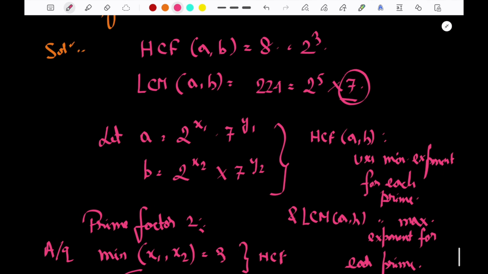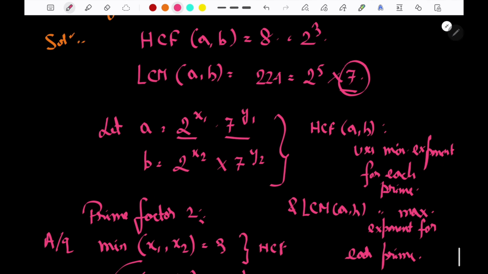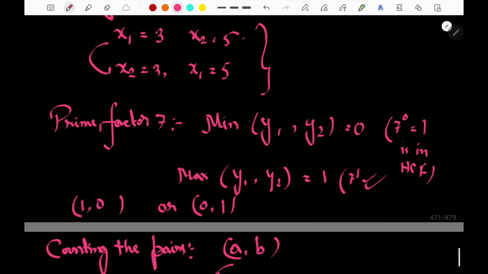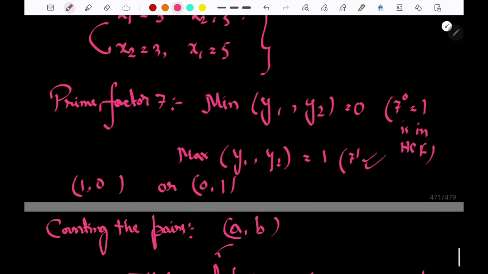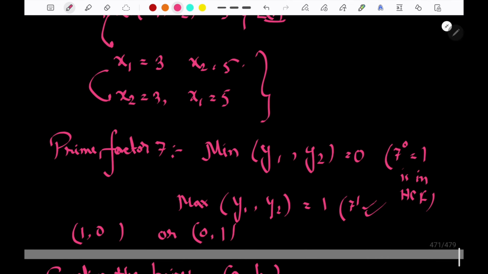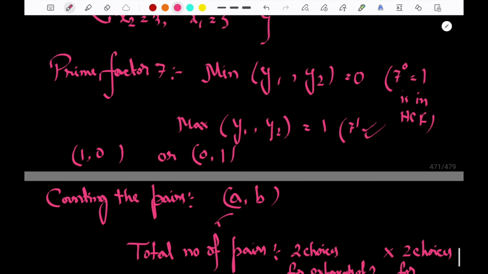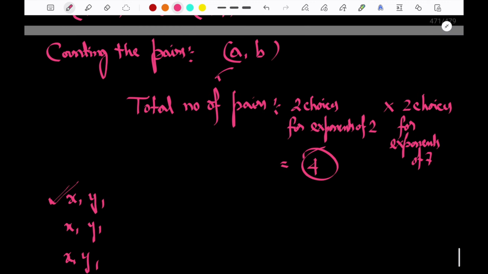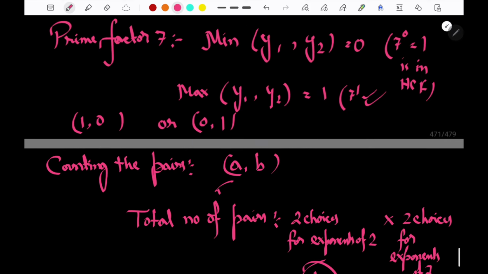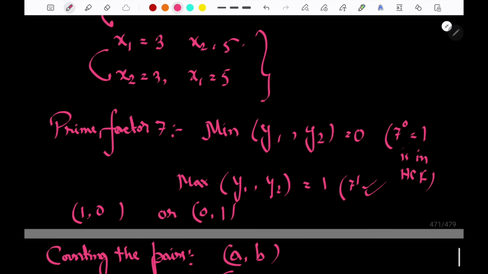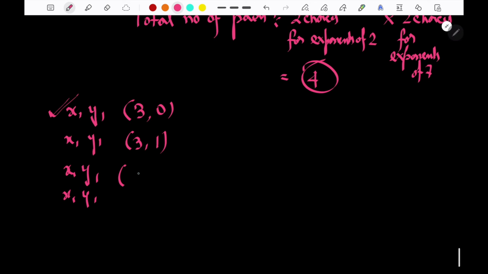How many ordered pairs satisfy this condition, and what have we considered? x1 y1 and x2 y2 are the pairs for A and B. So this is for A. What can be A? x1 can be 3, and y1 can be 0 or 1. So the pair x1 y1 can be 3 0 or 3 1. Similarly, there can be another: 5 and 0, and 5 and 1.